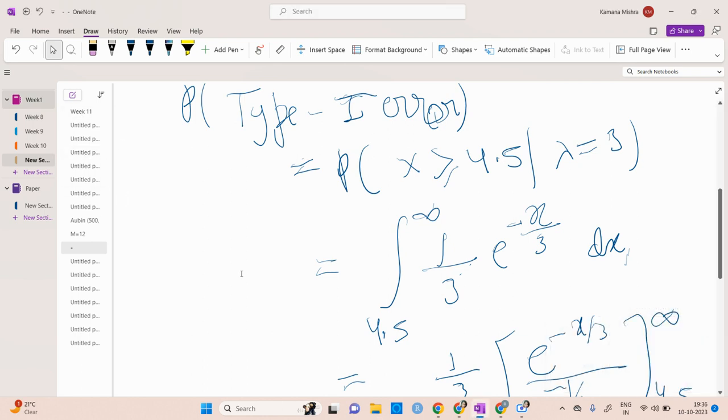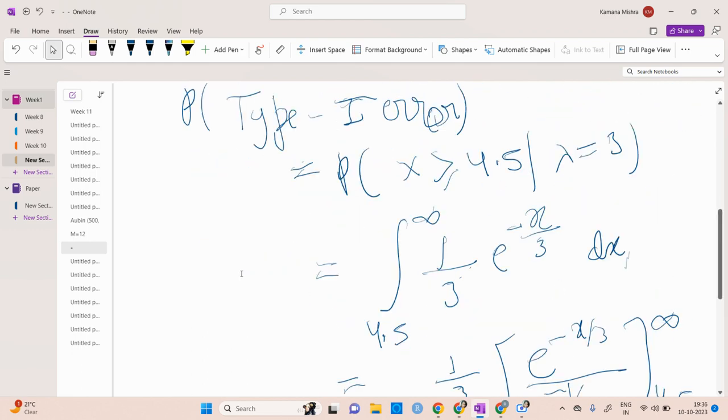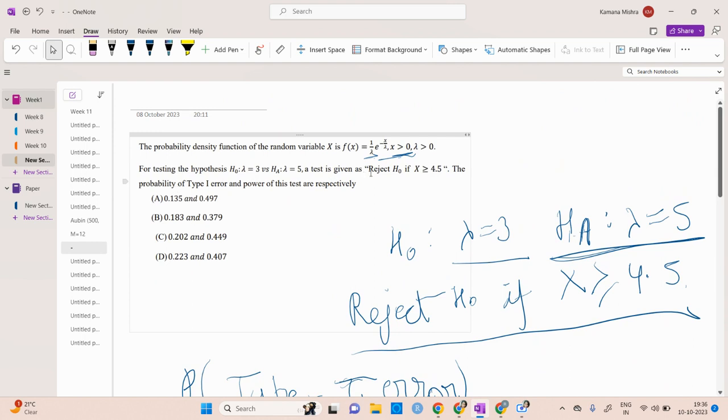Meaning of the power means how powerful your test is. You are testing this, na? We say that a test is given as this, so we can test this. If you have, let's say, 0.4, that means your test is 40% powerful for the hypothesis you are testing for this particular distribution.